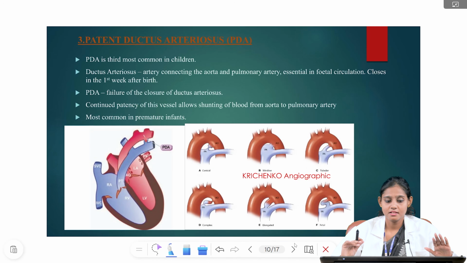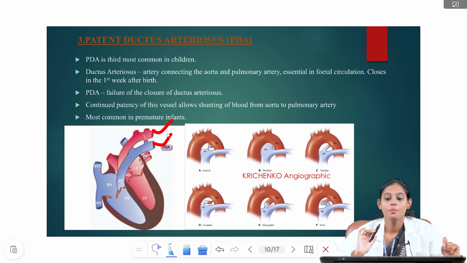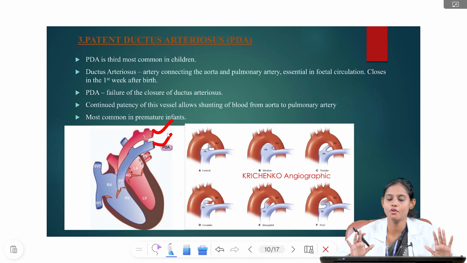Then, another acyanotic defect which we are going to talk about is patent ductus arteriosus. Patent ductus arteriosus is the third most common congenital heart disease in children. Ductus arteriosus is an artery connecting your aorta and the pulmonary artery, which is essential during fetal circulation, and it closes in the first week after the child's birth.